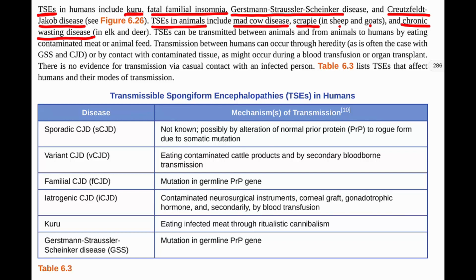Kuru is very rare, but Creutzfeldt-Jakob disease was something that we heard about maybe 10 years ago or so as being a problem. And then in animals, we see mad cow disease, which is related to Creutzfeldt-Jakob, and then scrapie in sheep and goats. And then chronic wasting disease is in more wild animals like elk and deer.